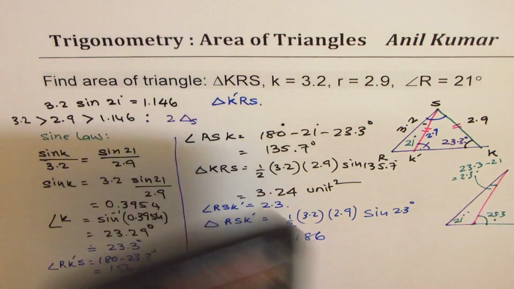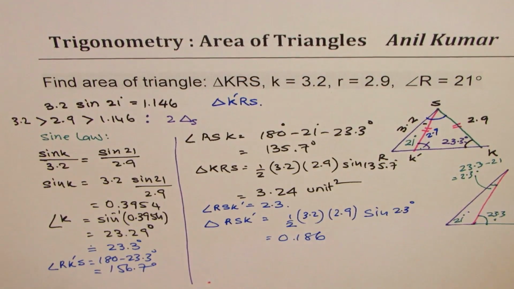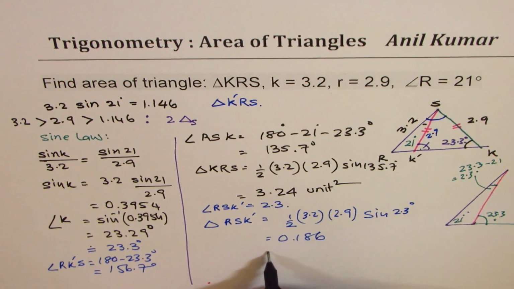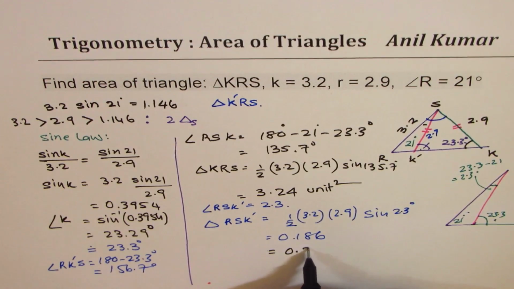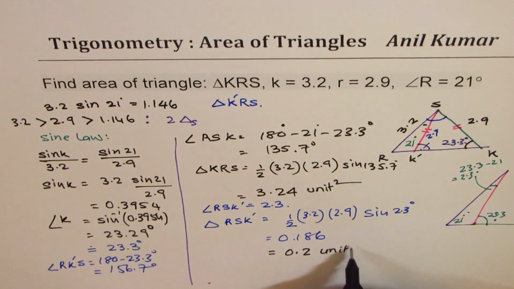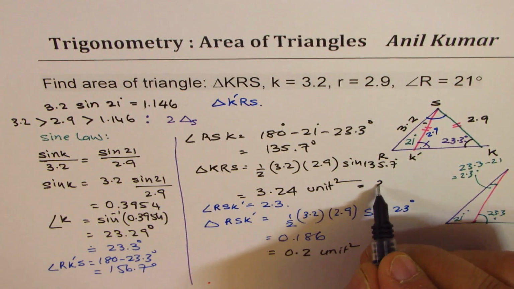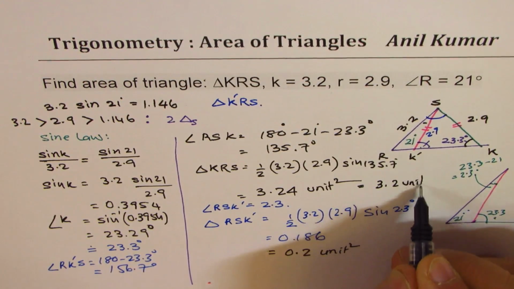Okay. So if I round to one decimal place, it'll become 0.2 units square, and that will become 3.2 units square. Is it okay?